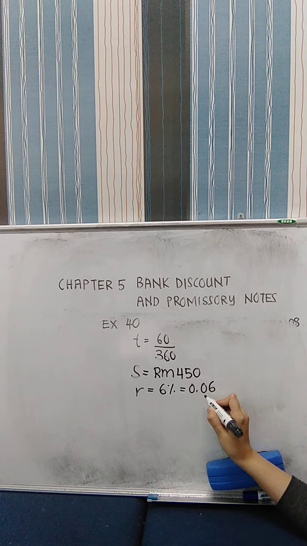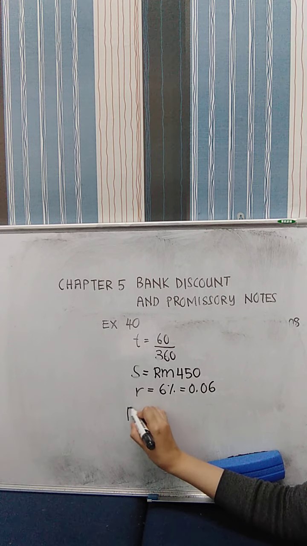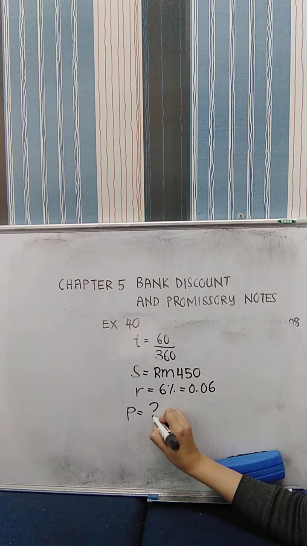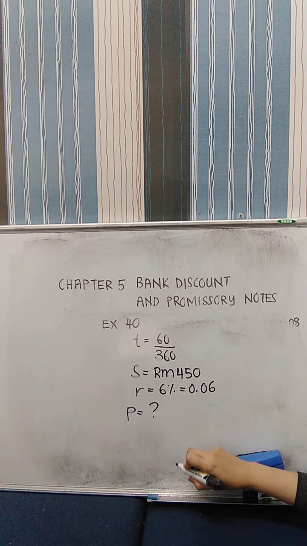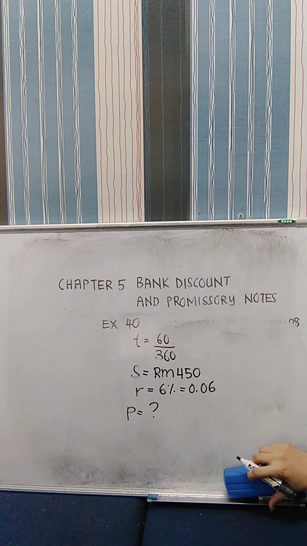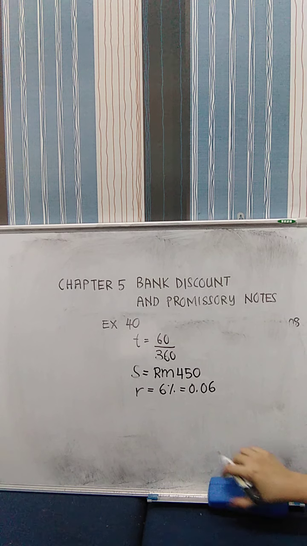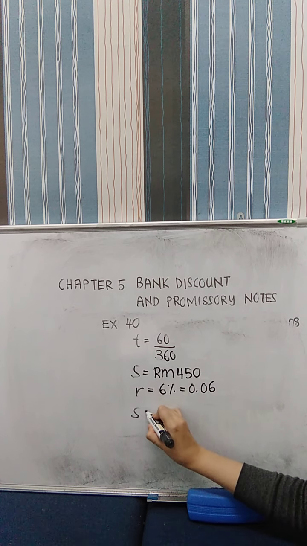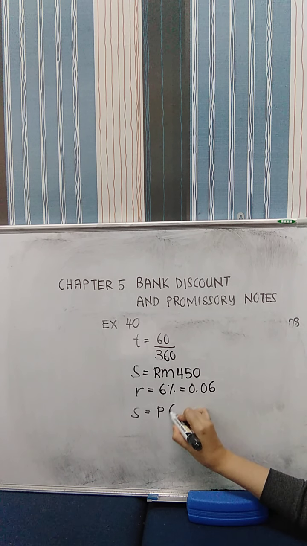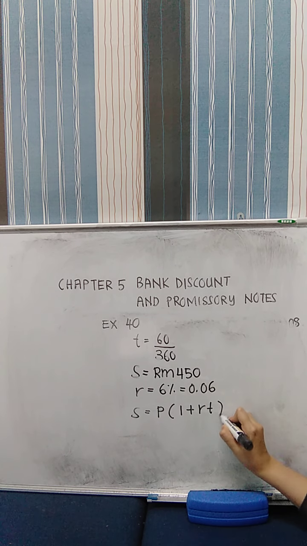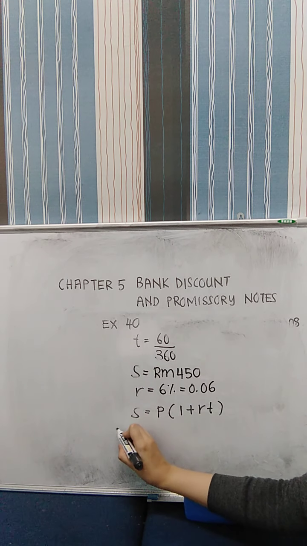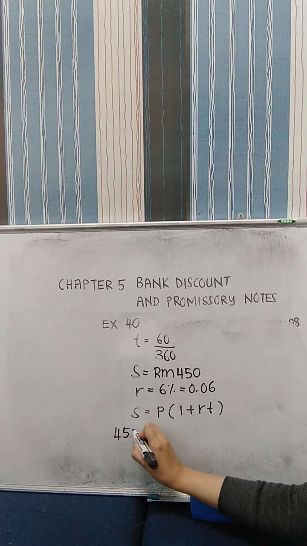What is the face value? It means you need to find the P, the face value. So what to do? Write the formula S = P(1 + RT). The S is given as 450.